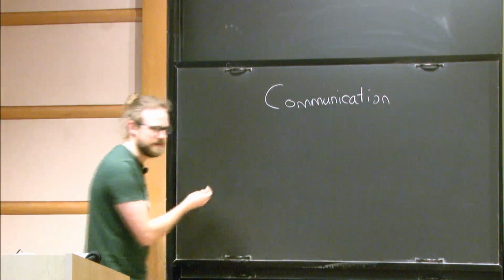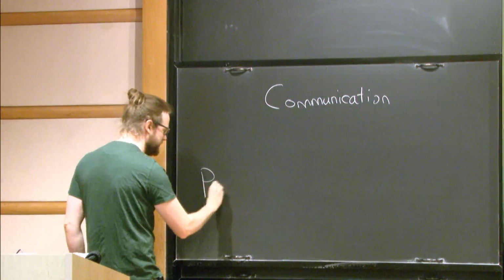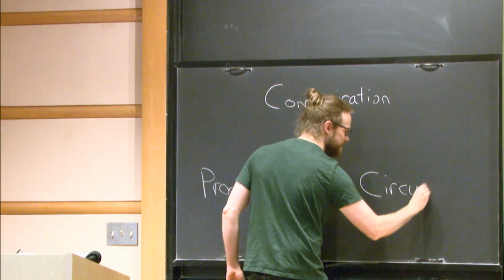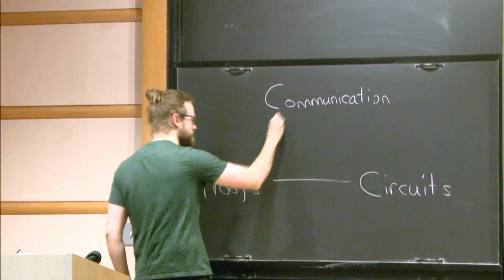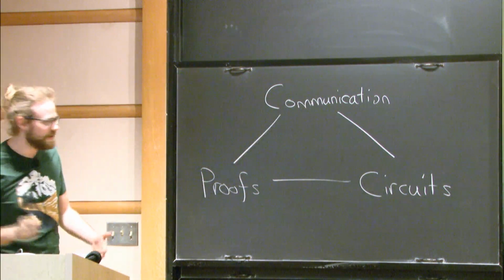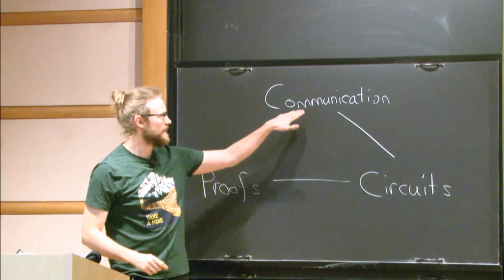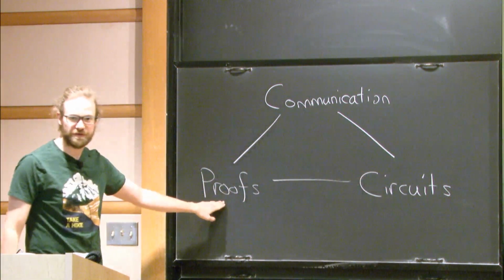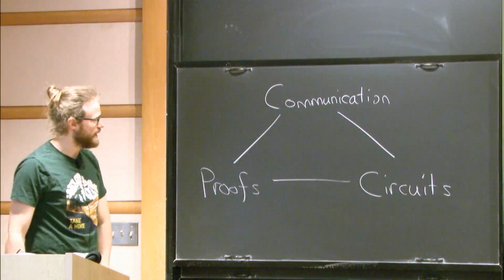So kind of the one picture that you could maybe take away from this talk, I think, is this 3-way picture. What I'm going to be describing, generically speaking, is a 3-way connection between communication protocols, circuit complexity, and proof complexity.